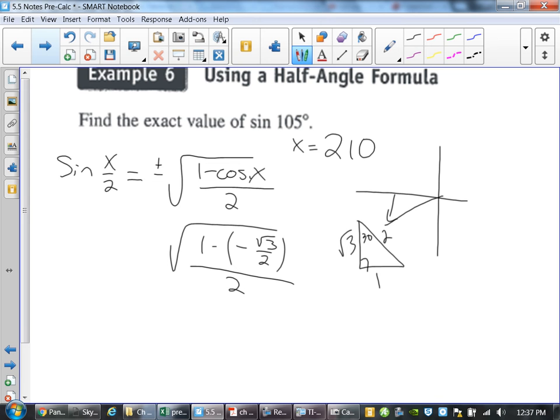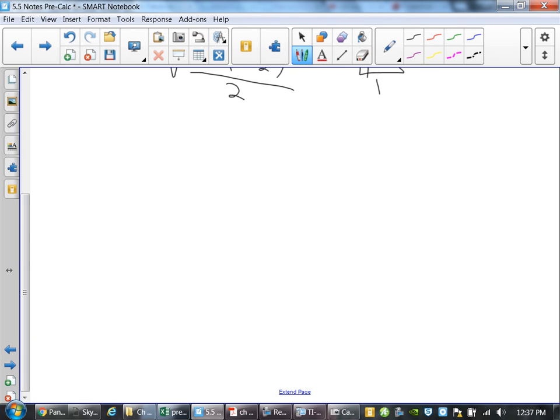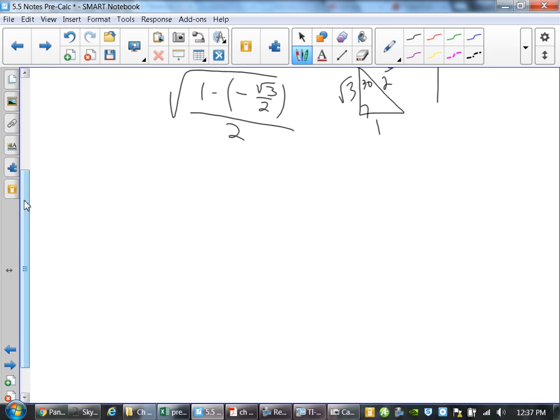So far, so good? It just looks really weird because you're going to have two radicals. We have 1 plus root 3 over 2, all over 2 for right now.